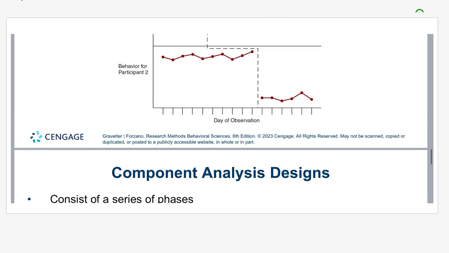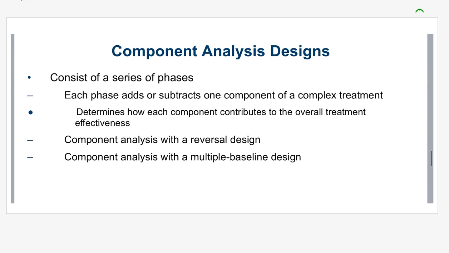So now there is a variation of the multiple baseline or reversal design where parts of the treatment itself are broken down into separate parts. Maybe you want to look at the components. That's where the component word comes in.